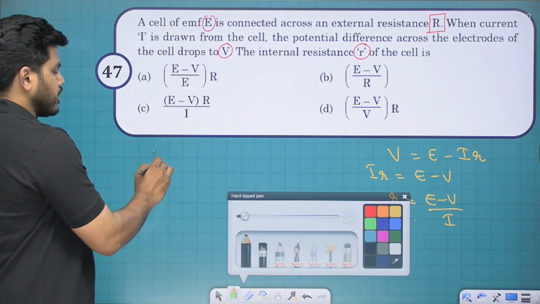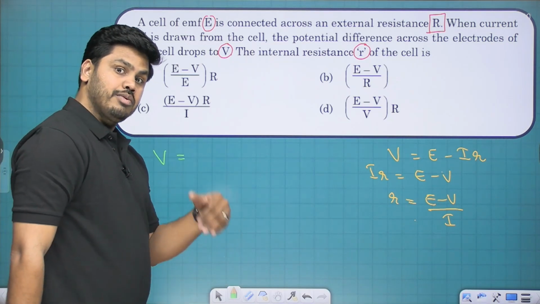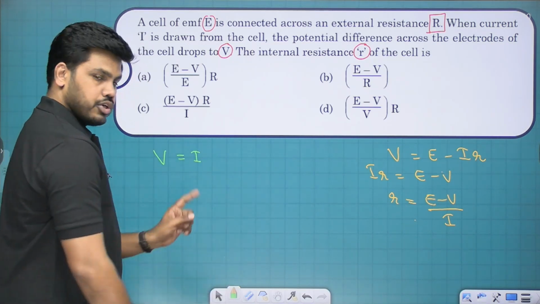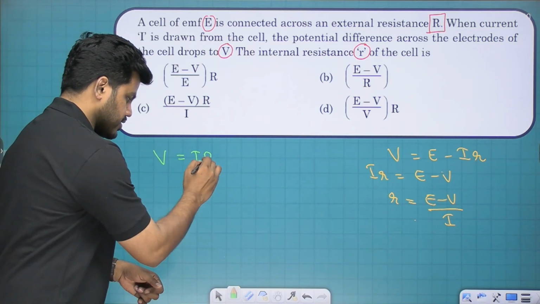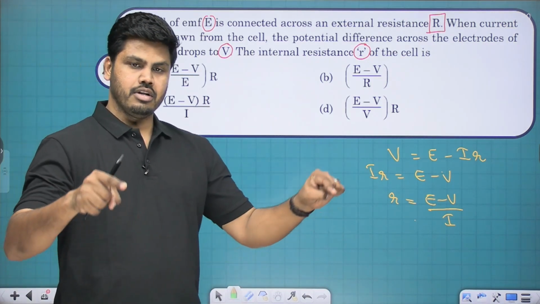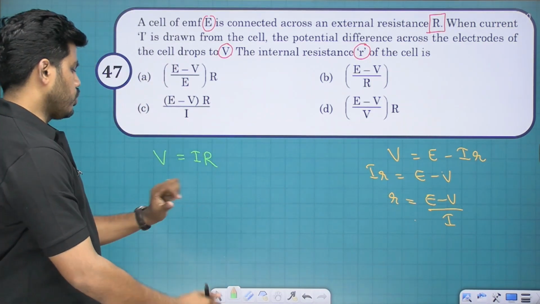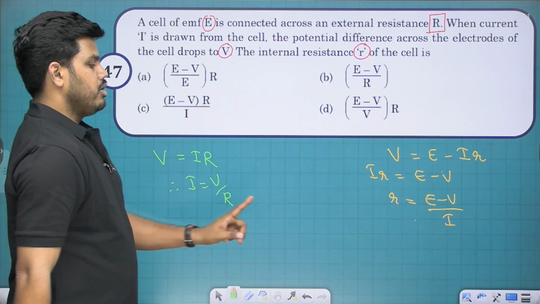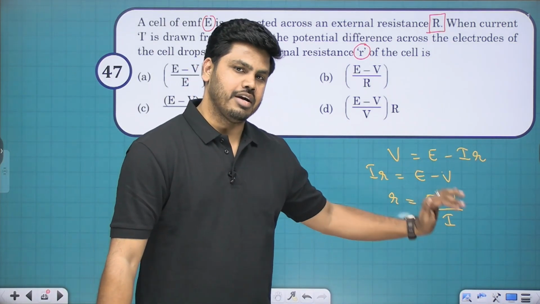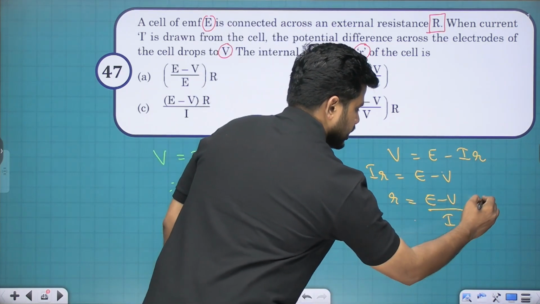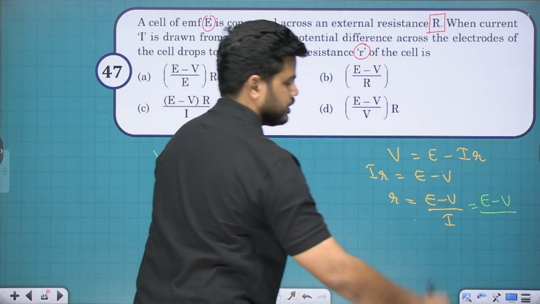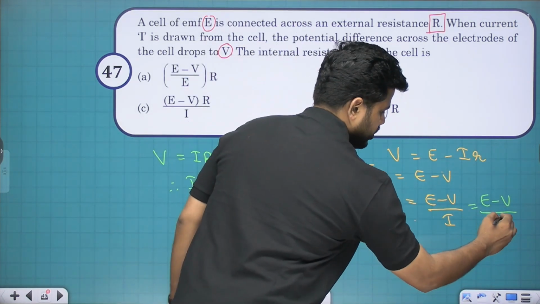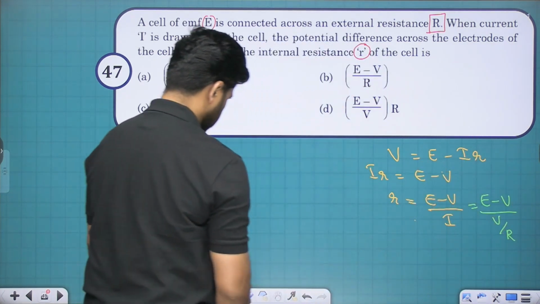We know the terminal potential difference of the cell can also be calculated as the current flowing through the circuit into the external resistance connected, right? The external resistance connected R. V is equal to I R. Therefore, I is equal to V divided by R. If you substitute that here, you will get the answer in the next step. See, (E minus V) divided by I is going to be (E minus V) divided by V by R. That R comes up.